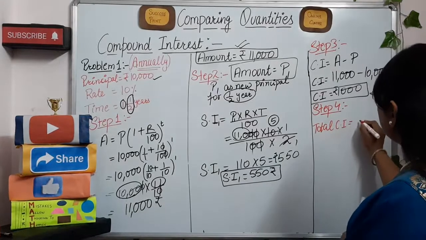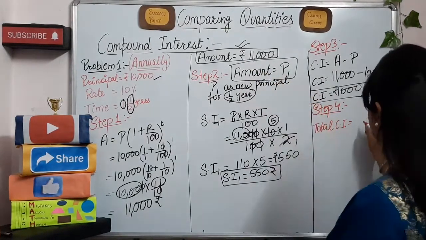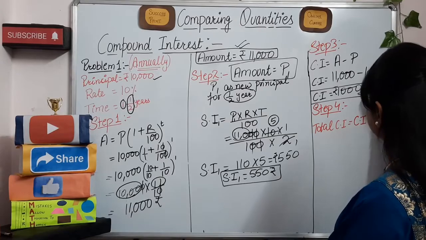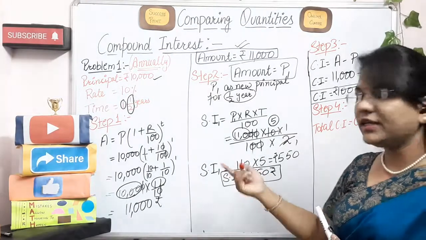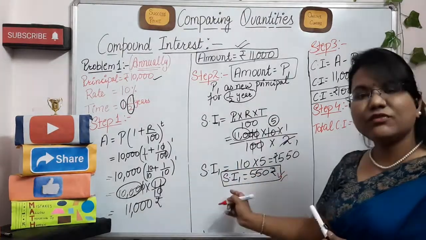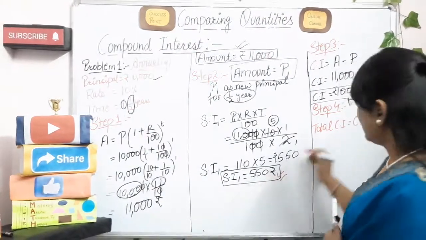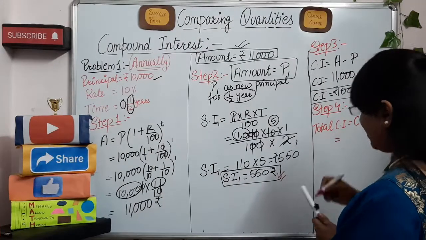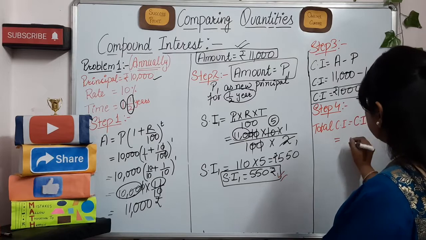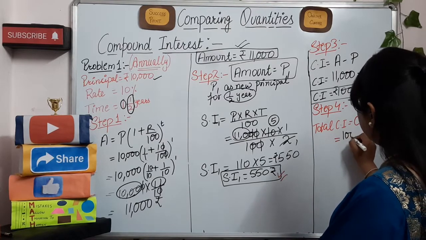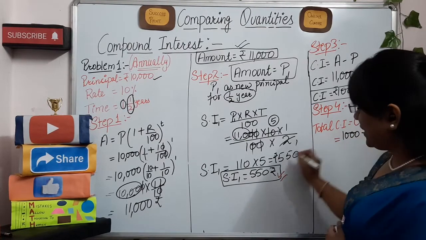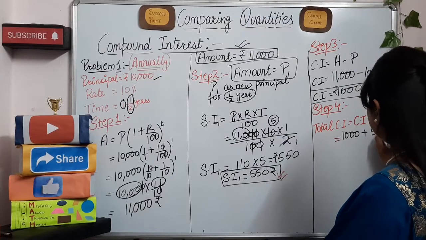So total compound interest means this one first. Compound interest, this value 1000 for 1 year and SI1 for half year. Okay? So our final value will be, you just have to put the value as 1000 rupees plus 550 rupees.